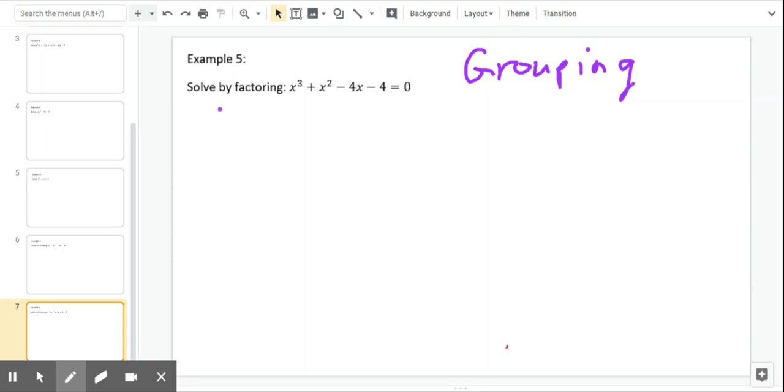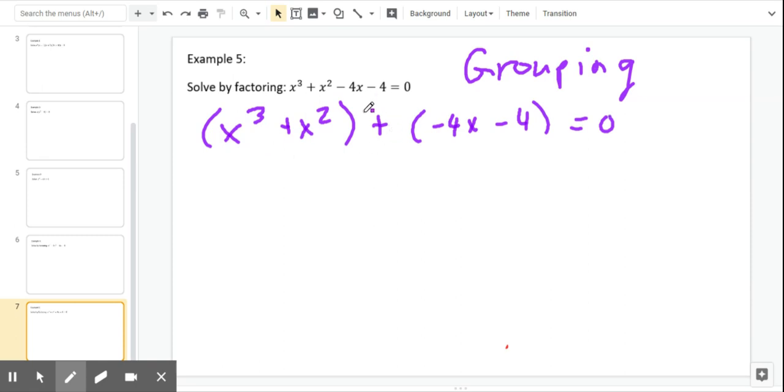So for grouping, first step, x cubed plus x squared, and then plus, we've got -4x minus 4. Again, I'm going to remind you, I personally like to always keep this plus. I recommend you do the same. That way you can't go wrong with these. You just keep the signs the same. That was a -4x, so it's negative. That's a -4, so it's negative. So just always keep this plus with grouping. You can't go wrong that way.